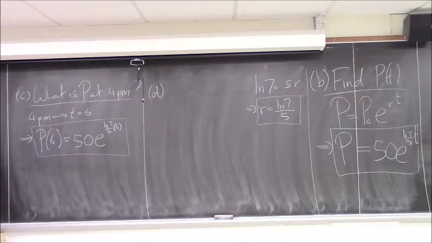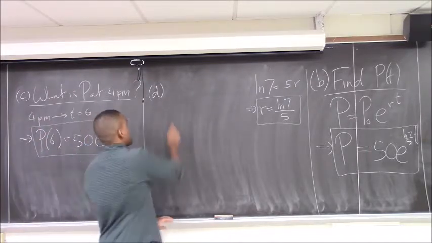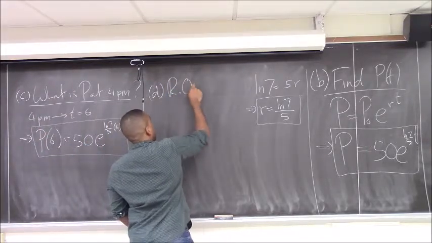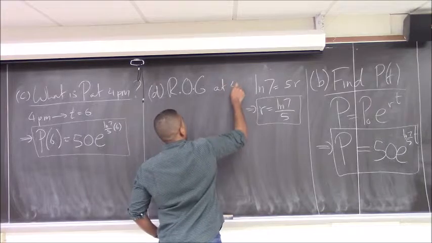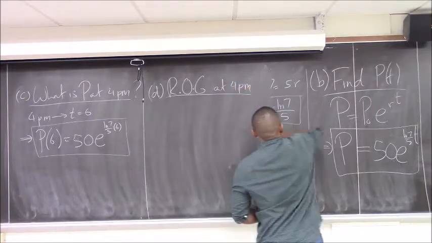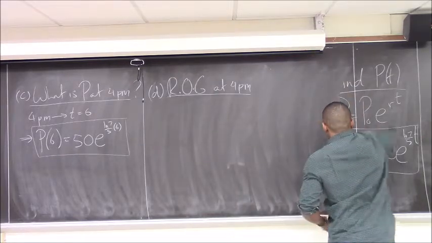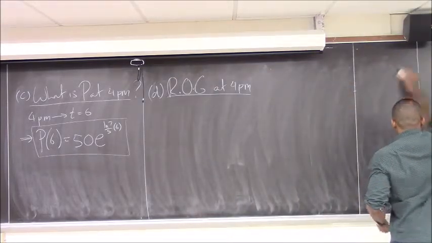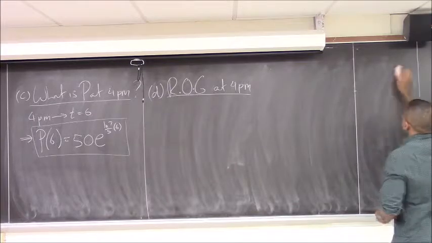D. What is the rate of growth at 4 p.m.? What is that referring to? P prime. So whenever you see the phrase rate of growth or growth rate, it refers to P prime.